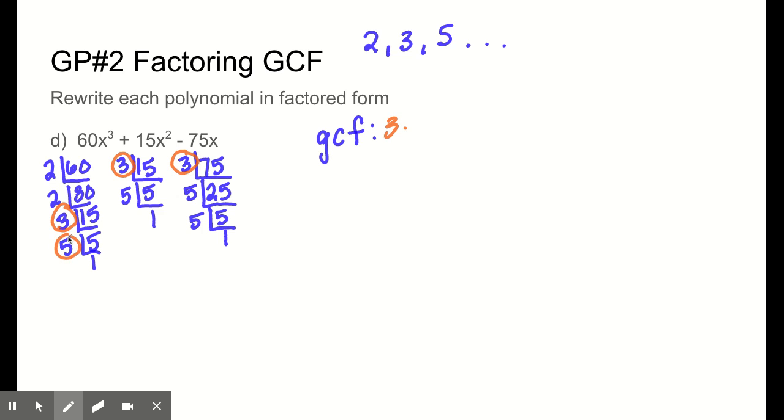They all have a 5 in common, so 3 times 5 gives us 15, and that is the numerical part of our greatest common factor. So let's check our variable. Do all three terms have a variable? Yes, they do. And again, the variable that you will include in your greatest common factor is the variable with the smallest exponent. So there are 3 x's here, there are 2 x's here, and there is 1 x here. So therefore, they all have 1 x in common. So the greatest common factor is 15x.